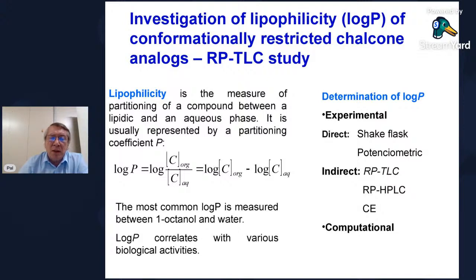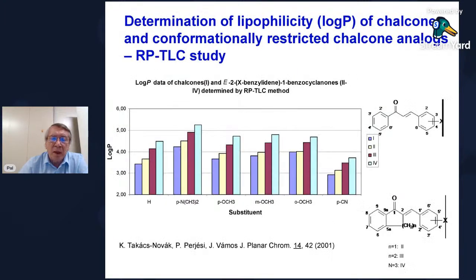Indirect determination of log P can be performed and has been performed by reverse phase thin layer chromatographic analysis, reverse phase HPLC analysis, or capillary electrophoretic investigations of the compound. Besides the experimental methods, several computational methods are also in use to calculate the lipophilicity of different organic compounds.